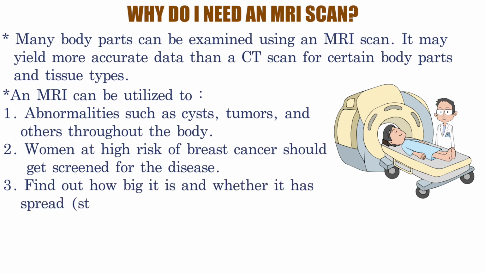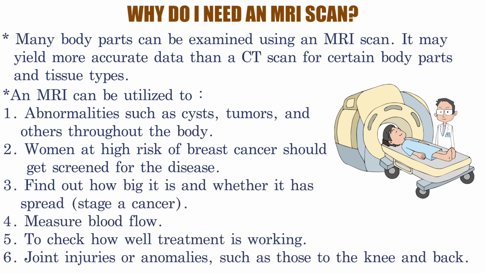An MRI can be utilized to detect abnormalities such as cysts, tumors, and others throughout the body. Women at high risk of breast cancer should get screened for the disease to find out how big it is and whether it has spread, that is, to find out the stage of cancer.